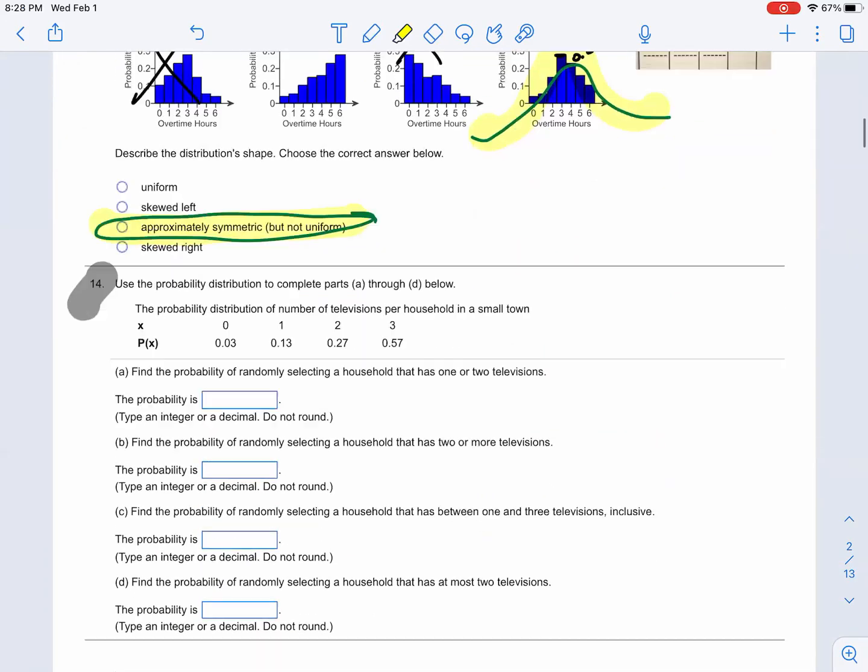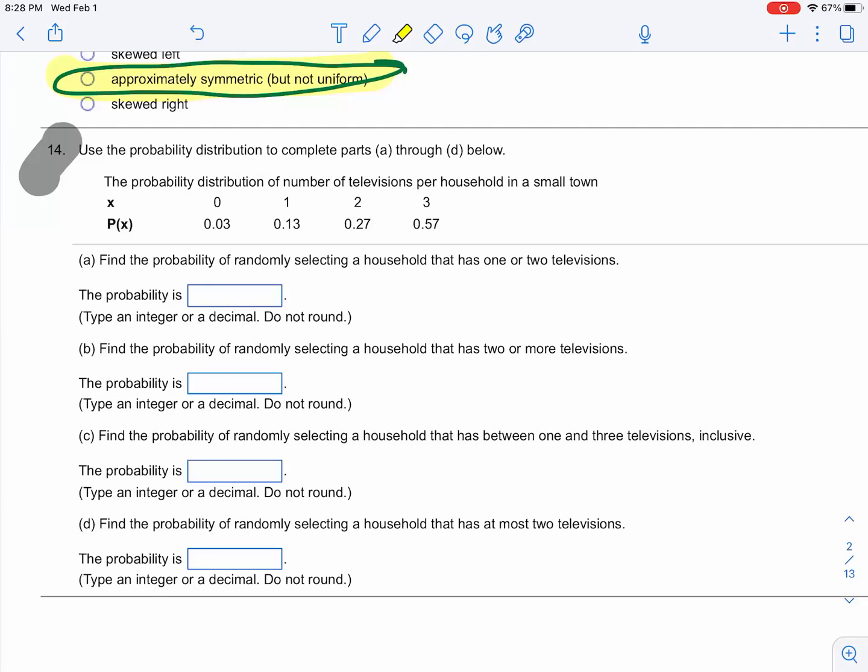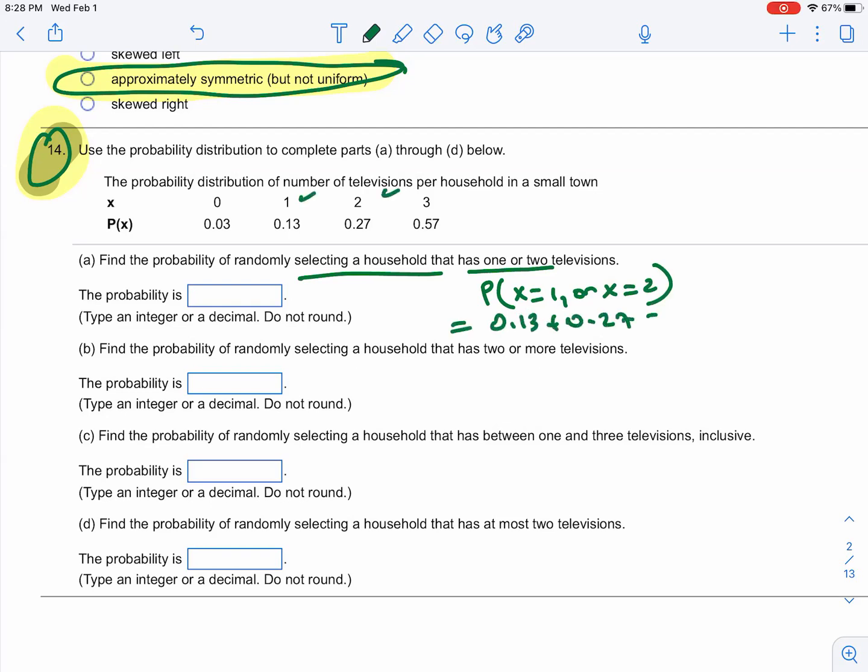Now this one, we do it using the table simply. Here it says, use the probability distribution to complete part A through D. Find the probability of randomly selecting a household that has 1 or 2 televisions, X equal to 1 or X equal to 2. So you're just adding up 1 or 2, 0.13 plus 0.27.